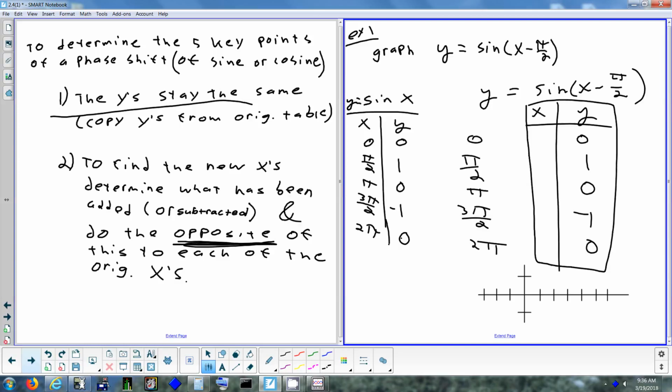And Ethan, what am I going to do to all those x values to get my new x values? Minus pi over 2. All right, I like the idea of using pi over 2. We are definitely going to do something with pi over 2. But what does step 2 say to do?